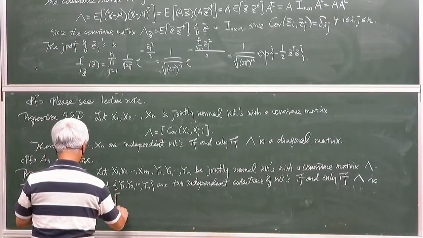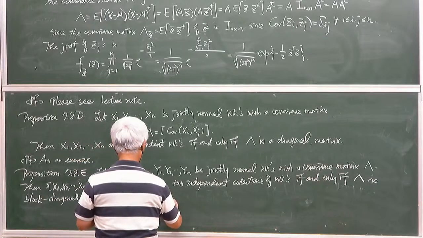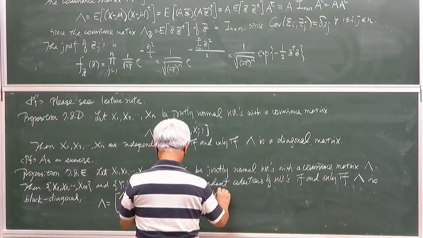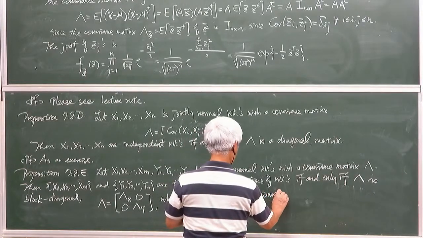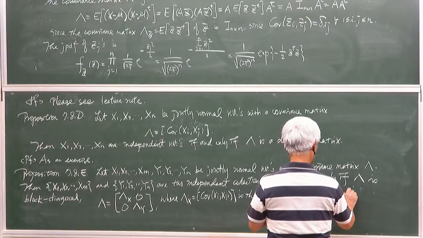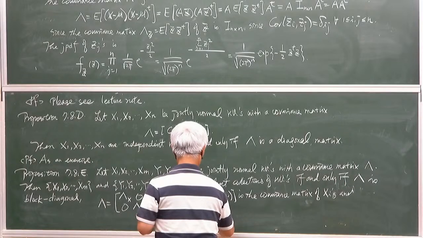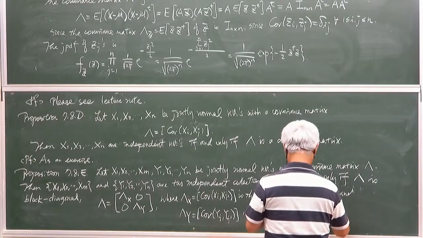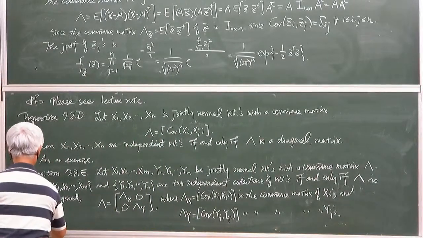So lambda can be written as lambda x, 0, 0, lambda y, where lambda x is the covariance matrix of the xi's and lambda y is the covariance matrix of the yj's. And the proof is also an exercise.